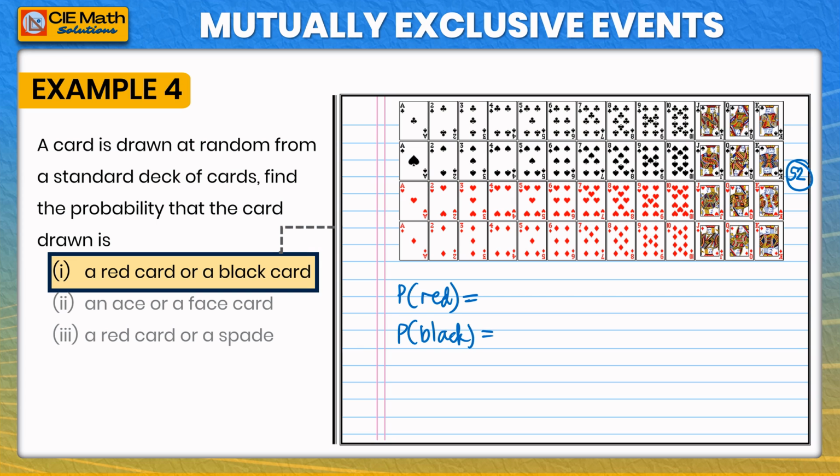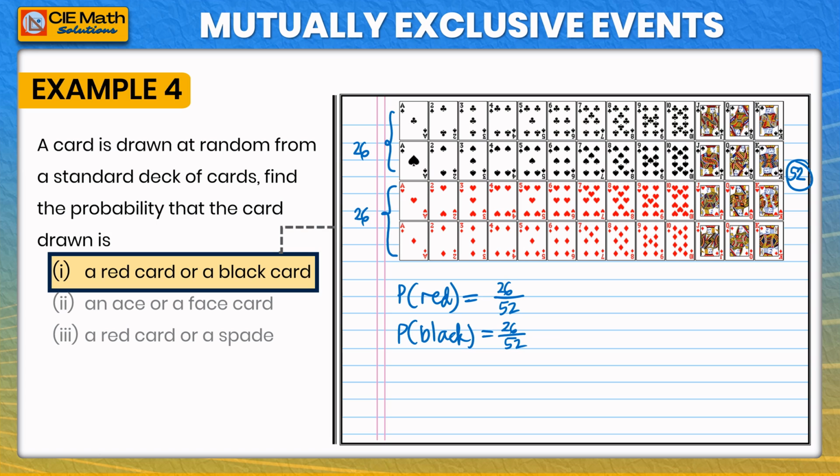If you take a look at the deck of cards, these are all red on the lower half of the deck, so these will be equal to 26. And for the black ones, this will also be 26. The probability of a red card will then be 26 over 52, and the black card is 26 over 52.